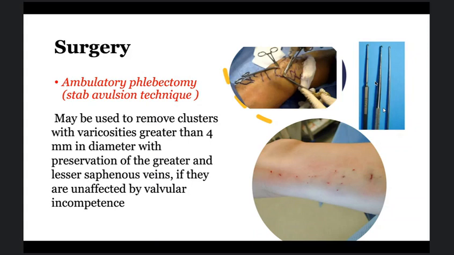That's to say, the saphenofemoral and saphenopopliteal junctions are normal, and the great and small saphenous veins are normal. So we don't need to remove the great saphenous vein and short saphenous vein. We need to remove the clusters of veins, because the great and small saphenous veins are normal, not involved by valvular incompetence. This is called the stab avulsion technique.